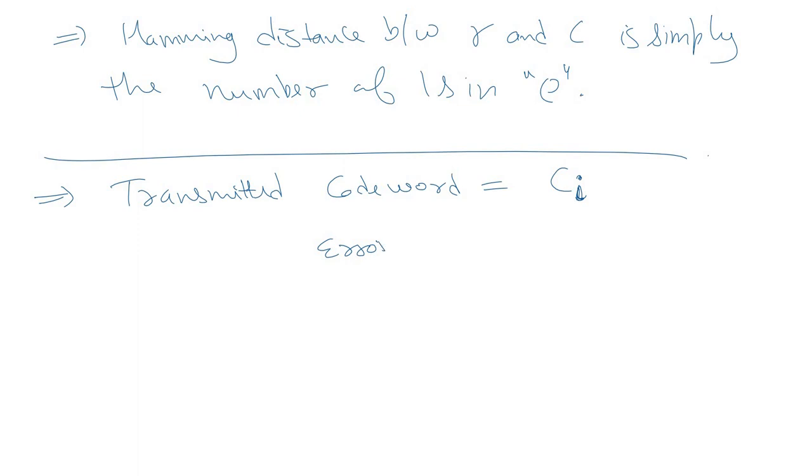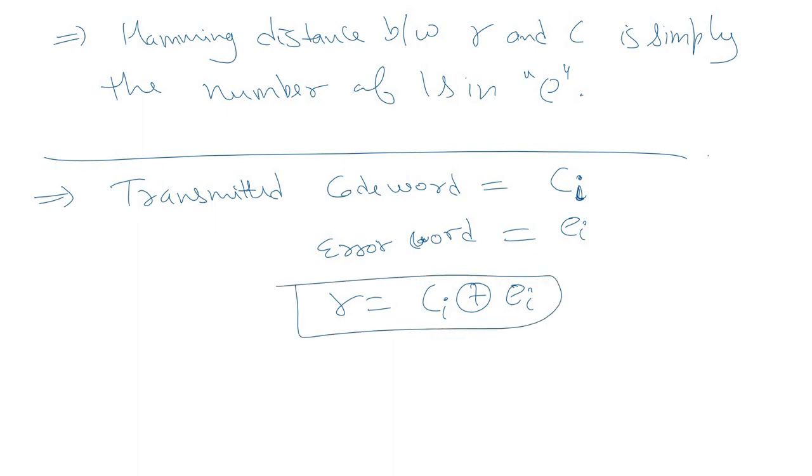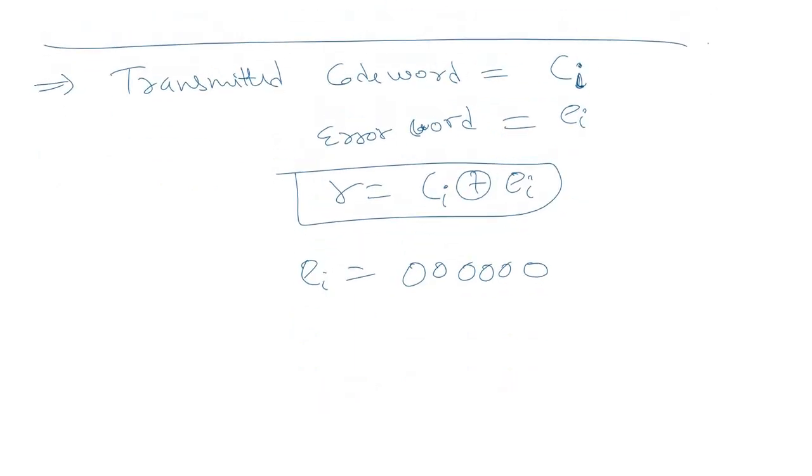The error word which is introduced during the transmission process is EI, and the received word hence will be CI modulo 2 addition EI, right? And if there were no error during the transmission process, we can say that EI consists of all zeros, and then we would have R into H transpose equal to 0.